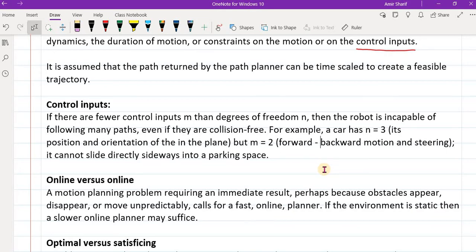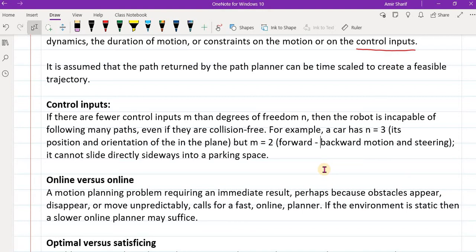If you have driven a car, you can understand this quite easily. Whenever you have to park a car in a parking lane, because it cannot move sideways directly, you have to rotate it and change its position and orientation to achieve a specific position and orientation.